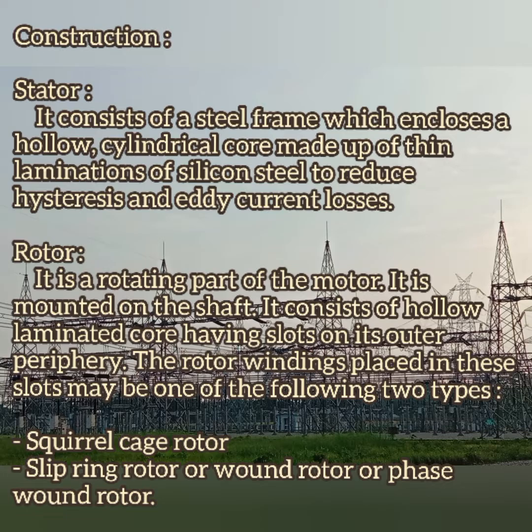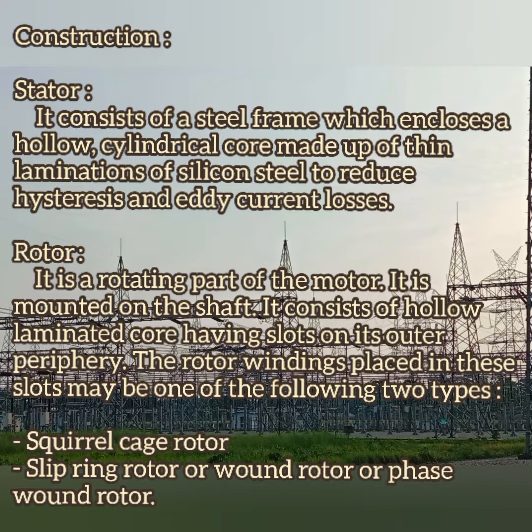Then coming to the construction, it has two major parts: one is the stator and the second is the rotor. The stator is the stationary portion, consisting of a steel frame which encloses a hollow cylindrical core made of thin laminations of silicon steel. These thin laminations are provided to reduce hysteresis and eddy current losses.